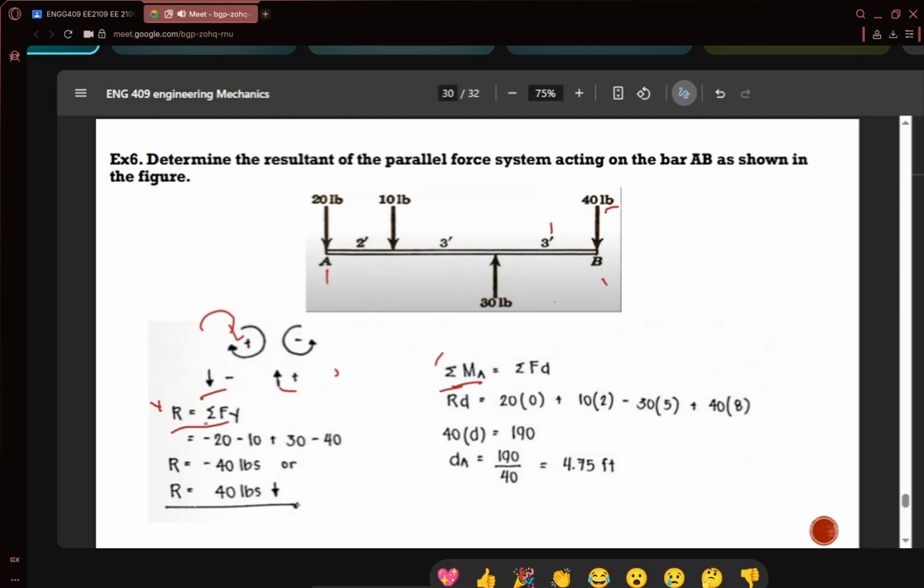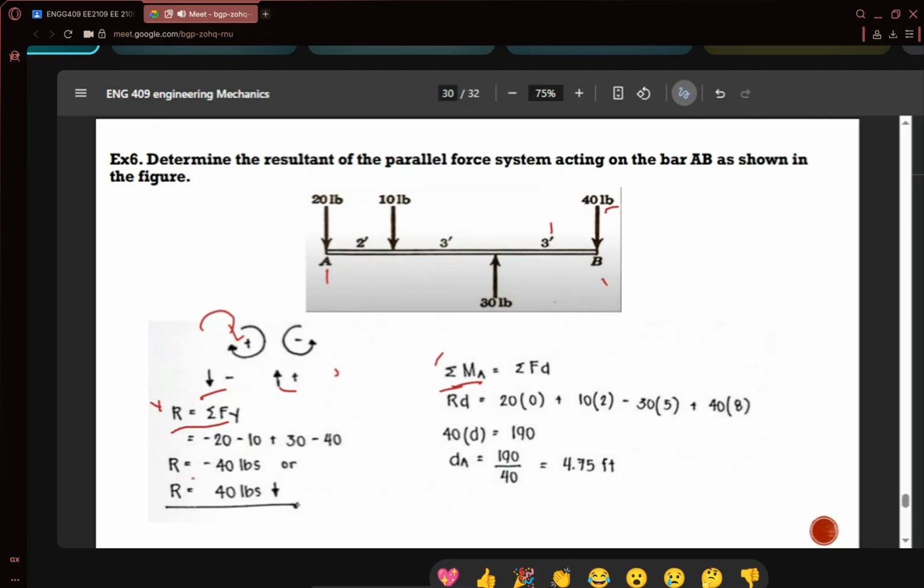So the resultant is the summation of forces y. It's simple. You just need to note the forces and their direction. So you have 20 pounds going down, negative. 10 pounds going down, negative also. 30 pounds up, positive. And 40 pounds down, negative. Okay? So you just have to get the sum.